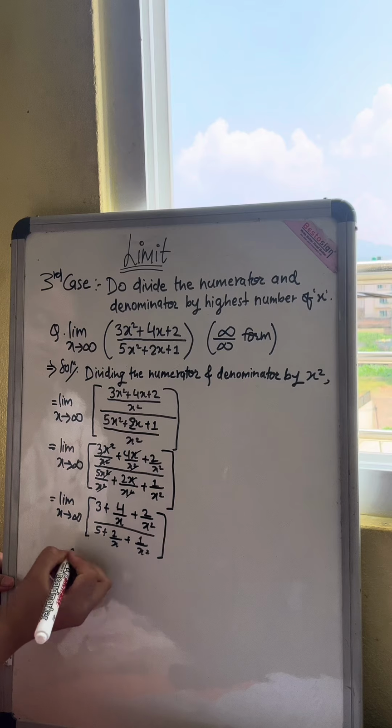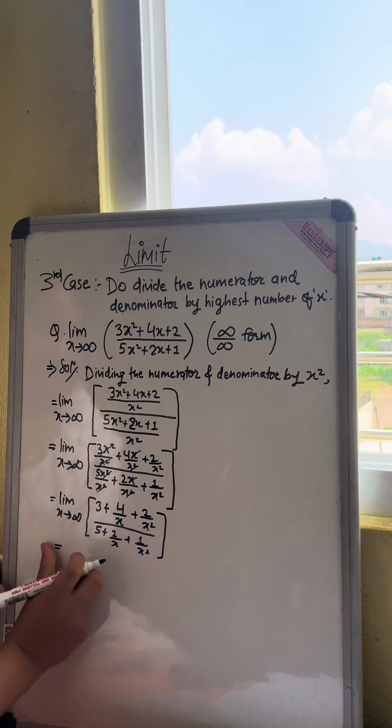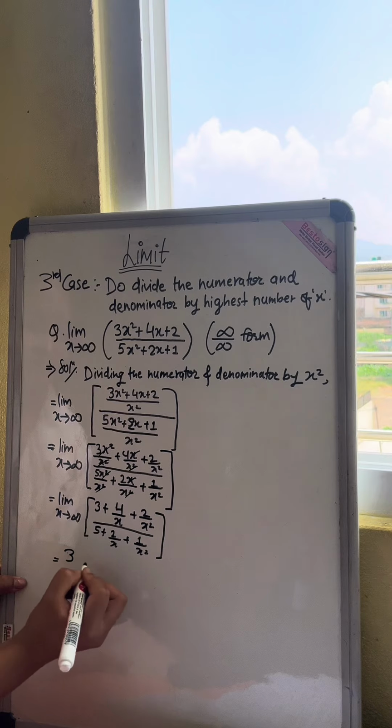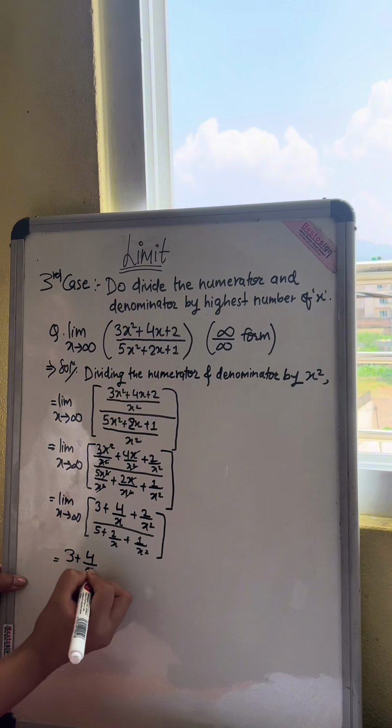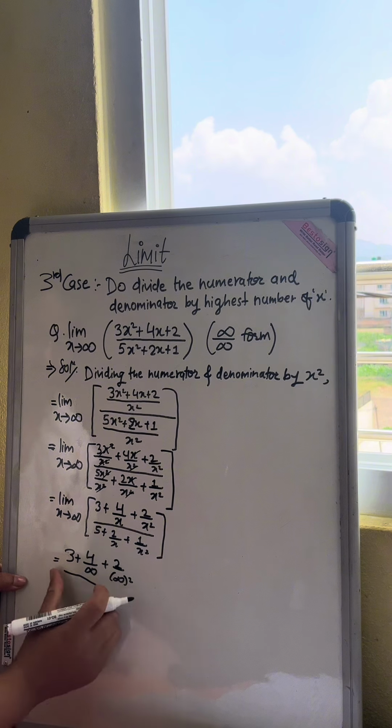Now we have to put the value of x, which is infinity: 3 plus 4 upon infinity plus 2 upon infinity square.